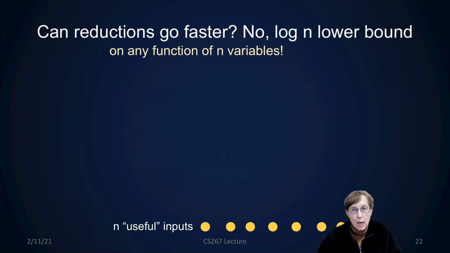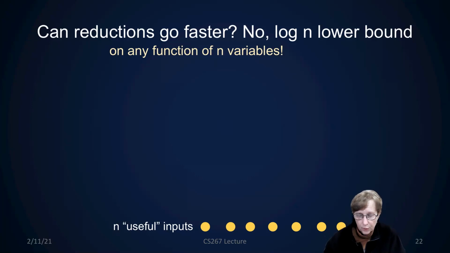But in any case, you might ask, on our idealized machine, can we do anything faster than this log n time for doing something like a reduction? And the answer is no, there's actually a lower bound that says that you can't do this in fewer than log n steps. The idea of this argument is that we're going to take our n useful input values.